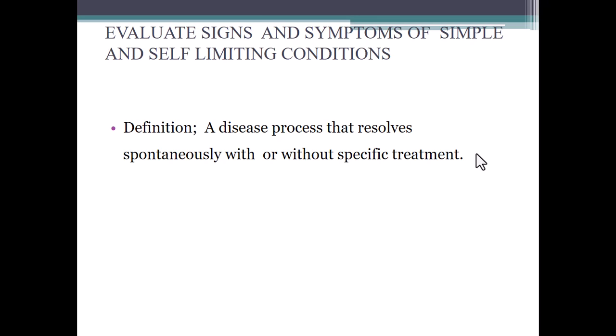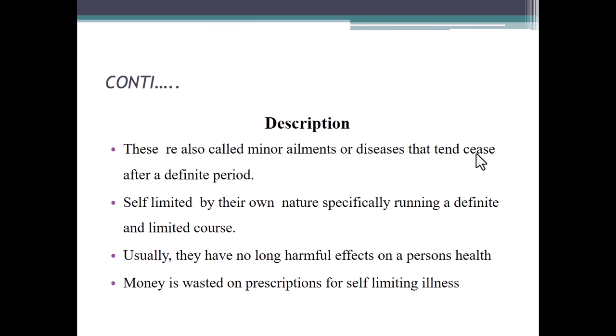There is need for you to know what these self-limiting conditions are. So we can define a self-limiting condition as a disease or a disease process that resolves spontaneously with or without a specific treatment. So you find that this specific condition can dissolve with or without specific treatment being given to the patient.